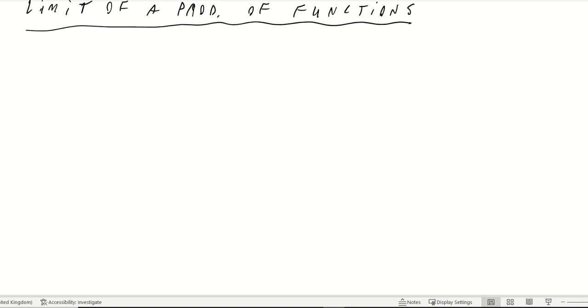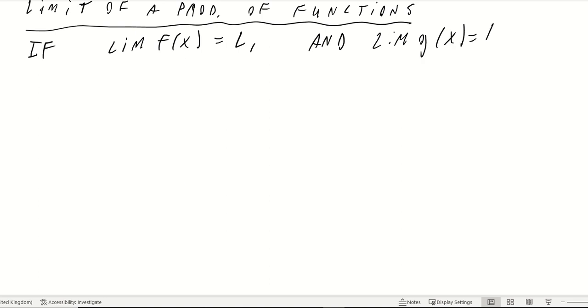Okay, so we can say that if we have two functions, f of x and g of x, and both of the limits exist for these functions, so if the limit of f of x equals L1, and the limit of g of x equals L2, what can we say?